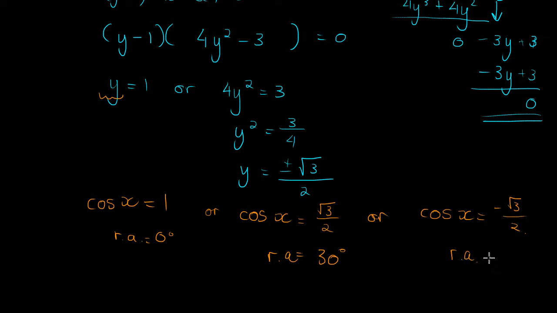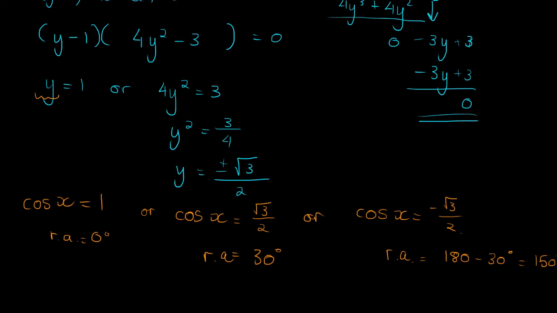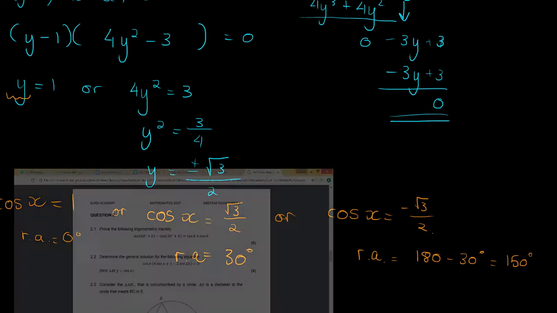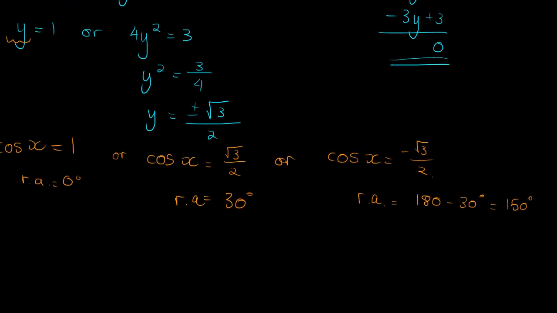In the second quadrant. So cos of negative square root 3 over 2 would give me 180 minus 30 degrees. So it's the same, it's just where it's negative in the second quadrant. So my angle is 150 degrees. You could have used your calculator at this point. I don't think we said without a calculator. No. So you could have.